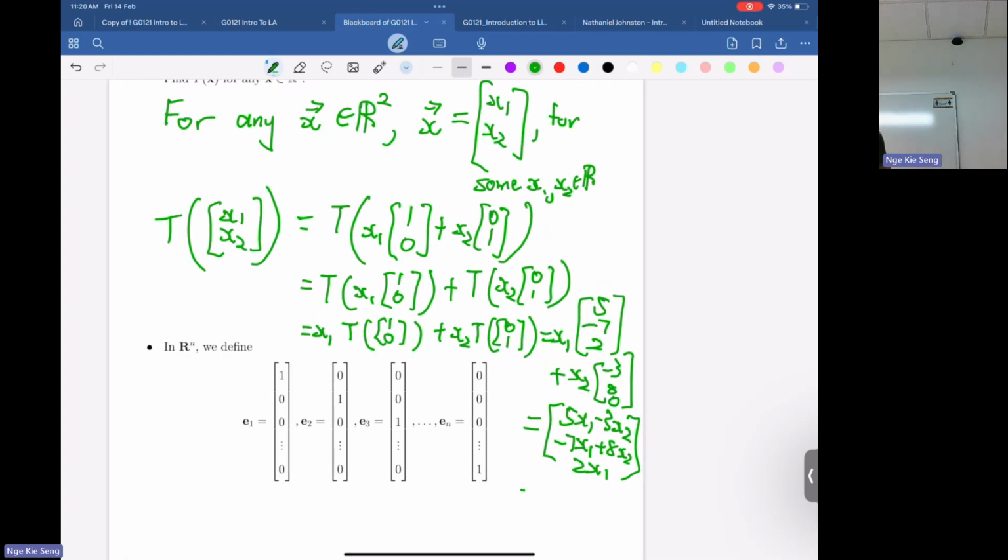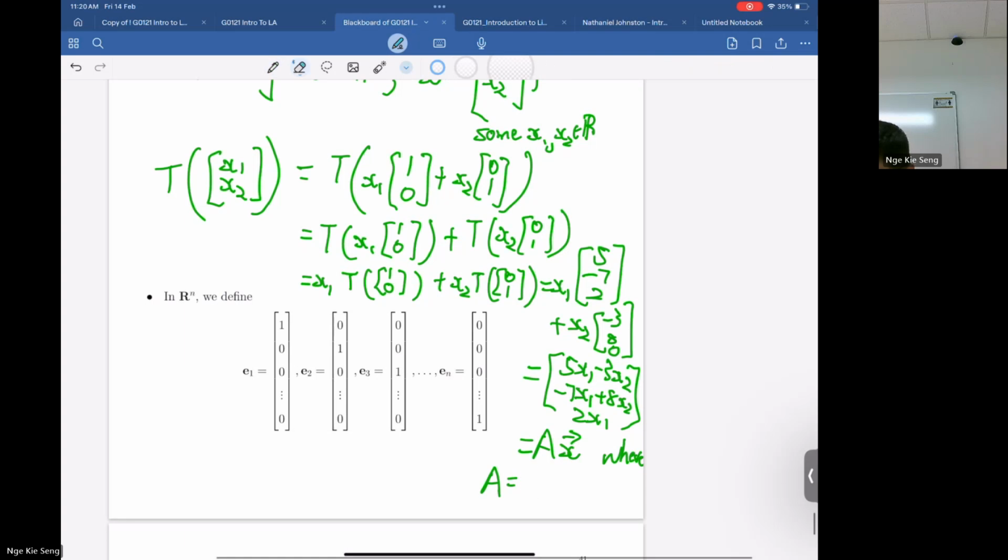But can you write it as A times x bar or not? Can you find the A? Can you cook out a matrix-vector product right here? The matrix you should take here, A equals what? (5, -3), (-7, 8), (2, 0).